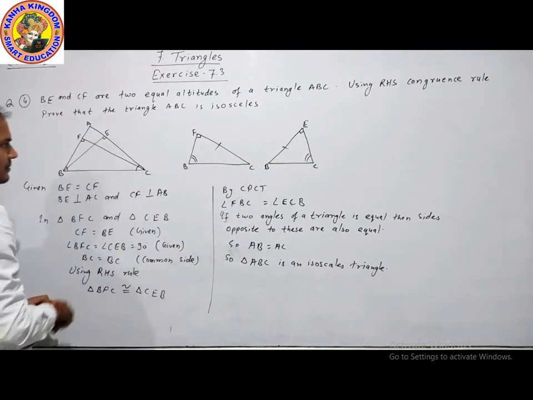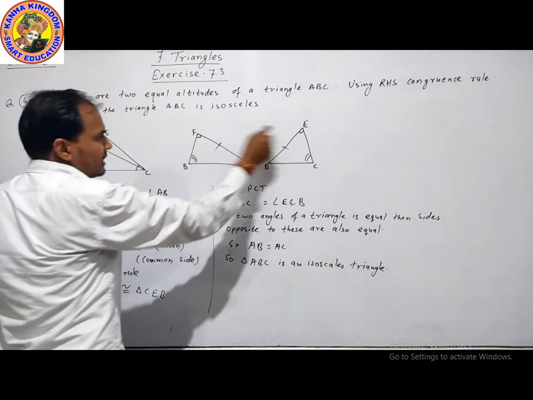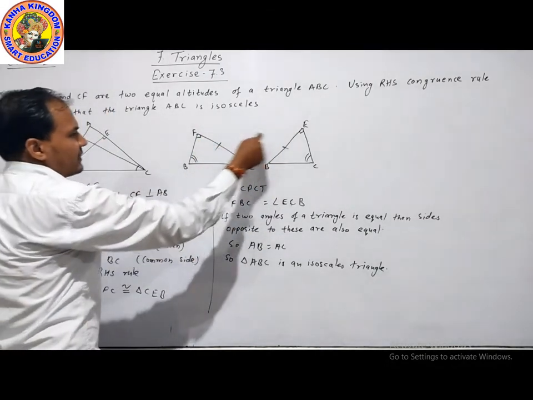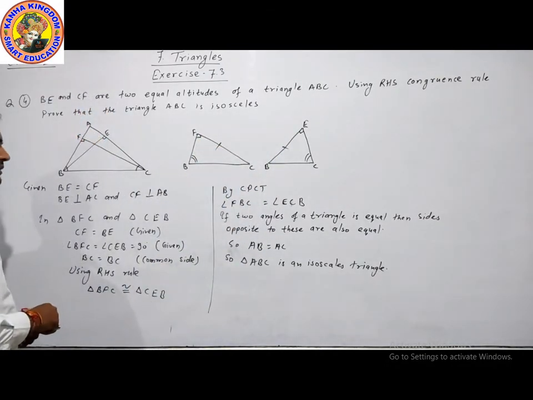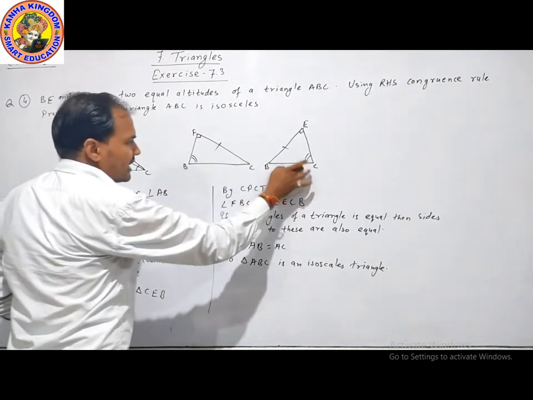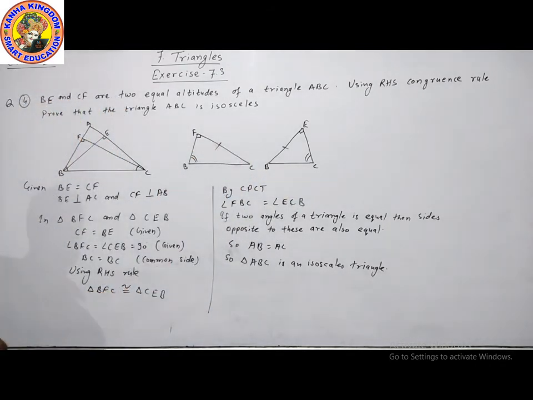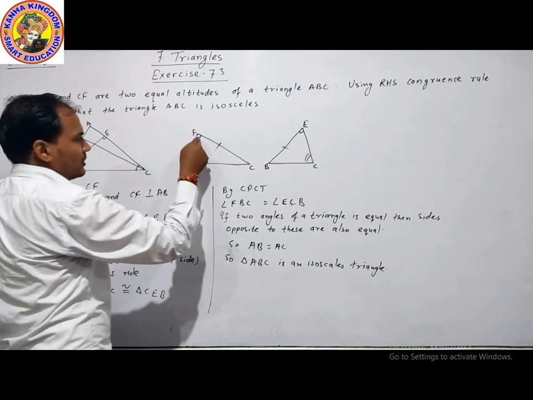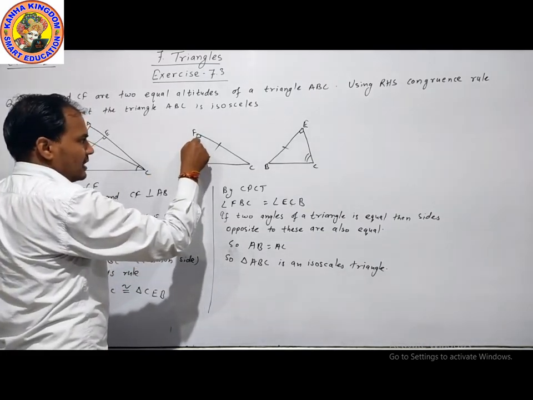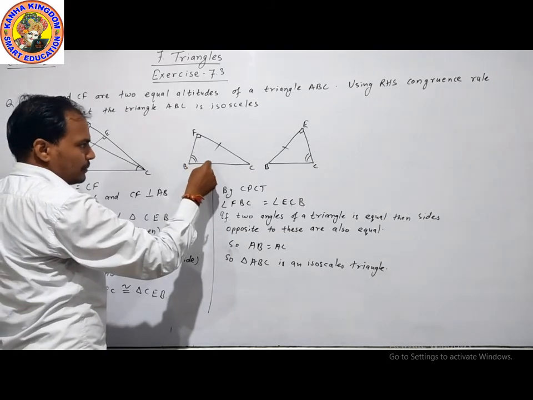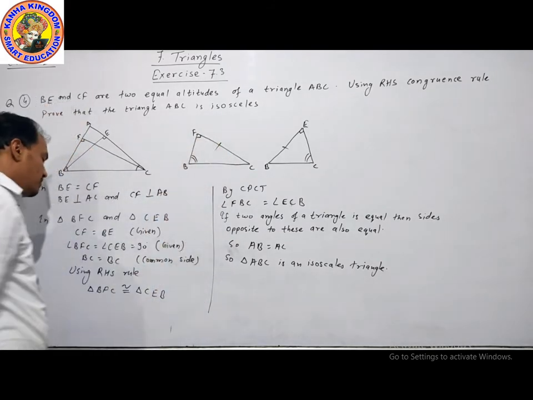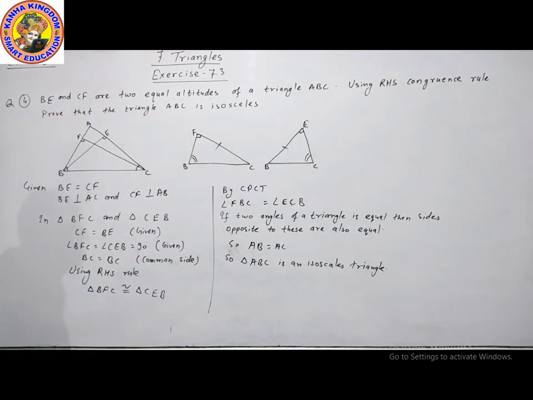F and E are 90 degrees, CF and BE are equal, given in your question. BC is the common side, the third. 90 degree right angle, hypotenuse and side, RHS rule. Using the RHS rule, these are congruent.